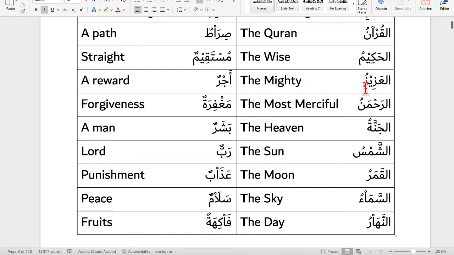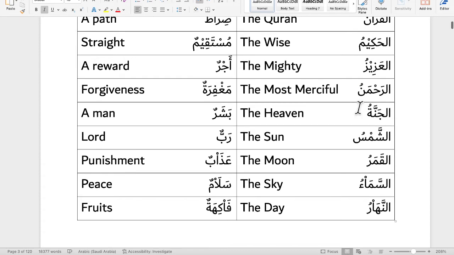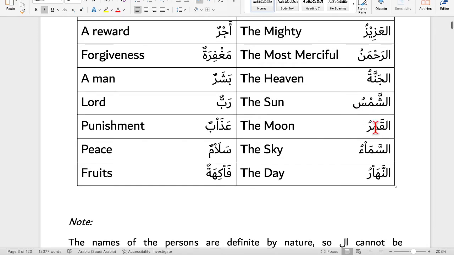Azizun, the mighty, with al becomes al Azizu. Rahman, with al becomes the most merciful, ar Rahmanu. Similarly, al Jannatu, the heaven. Ash-Shamsu, the sun. Al Kamaru, the moon. As-Samau, the sky. An-Naharu, the day.